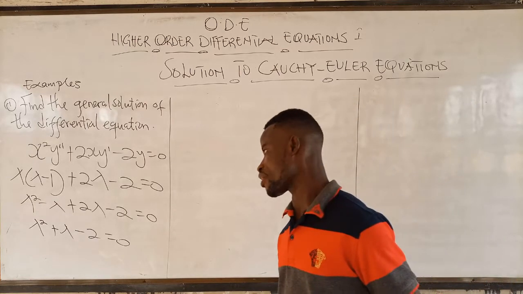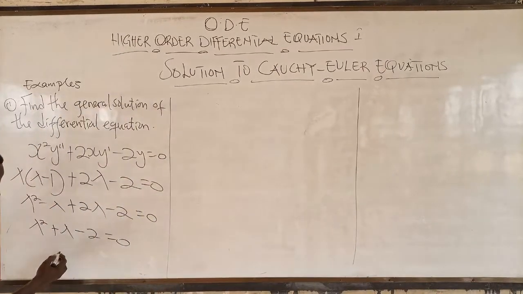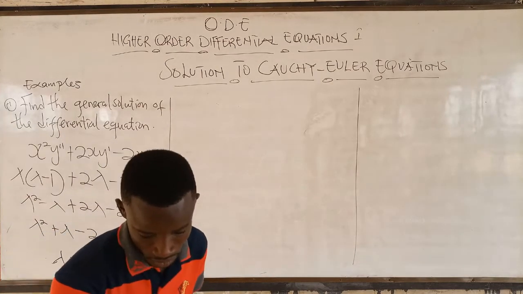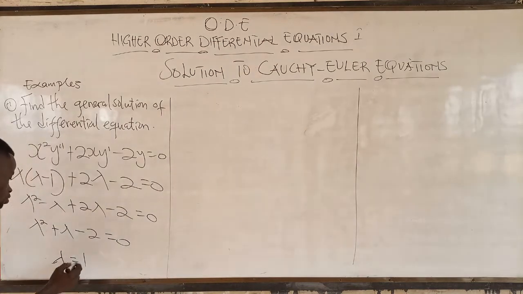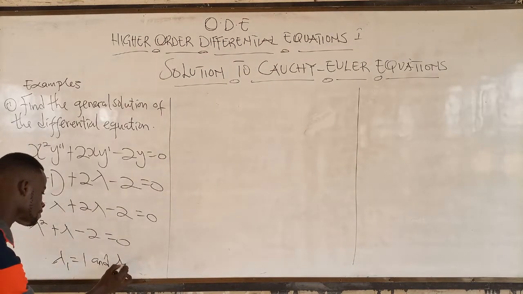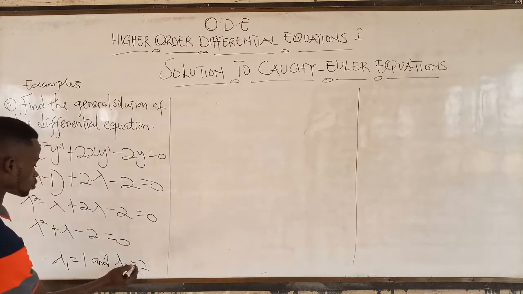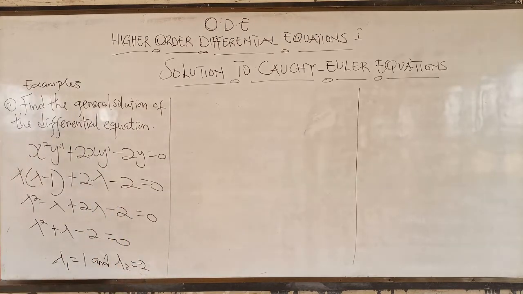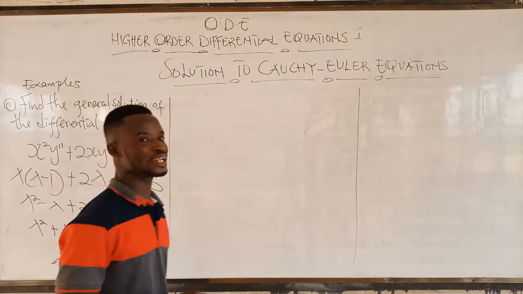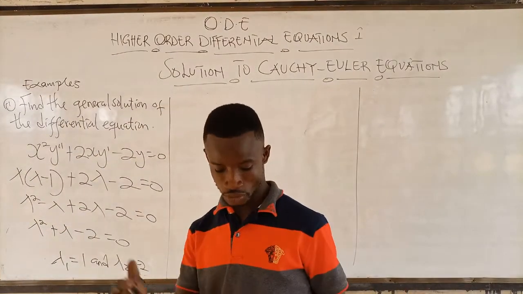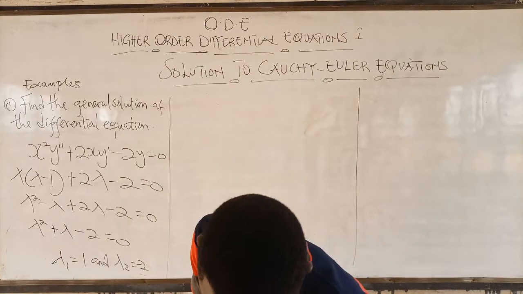Okay, so you can see that we get lambda 1 to be equal to 1, and lambda 2 to be equal to negative 2. Alright, so you can see this one is a distinct root. It's a distinct root. Very good.